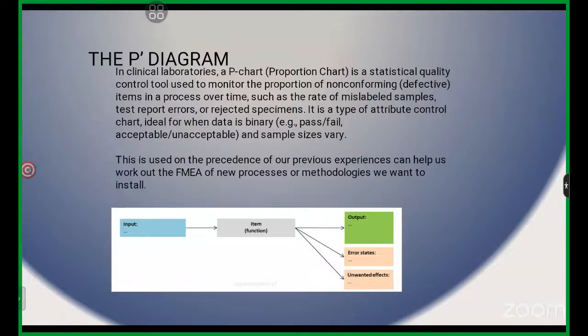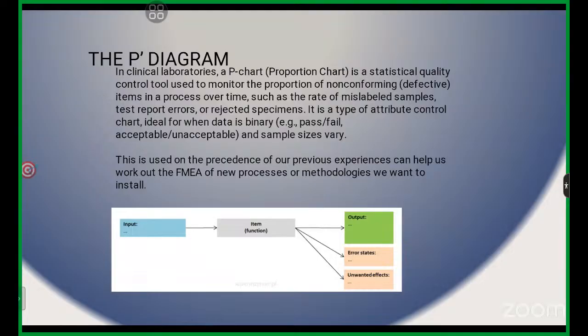It's either this way or the other, positive or negative. So when the data is in binary form, then you incorporate the P charting, the proportional charting, so that you are able to analyze this data using the P diagram.